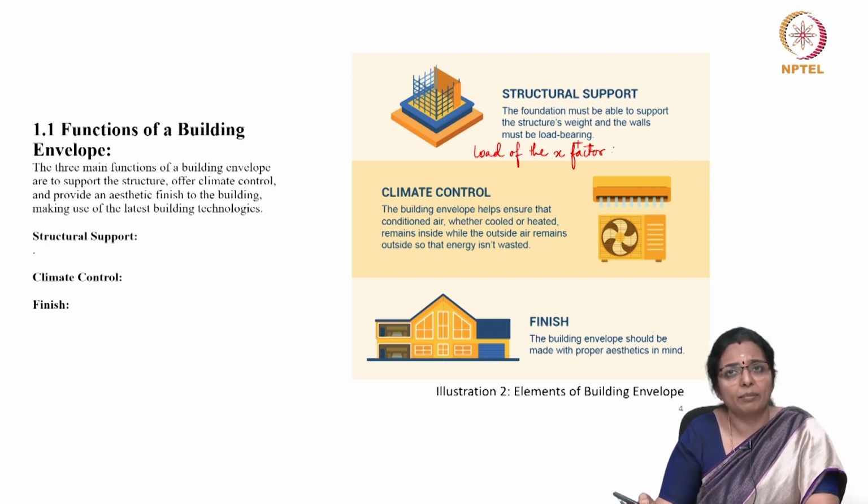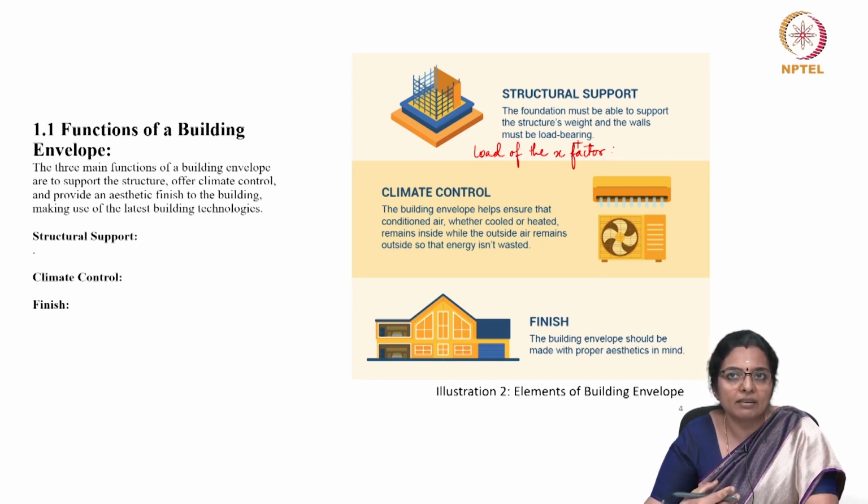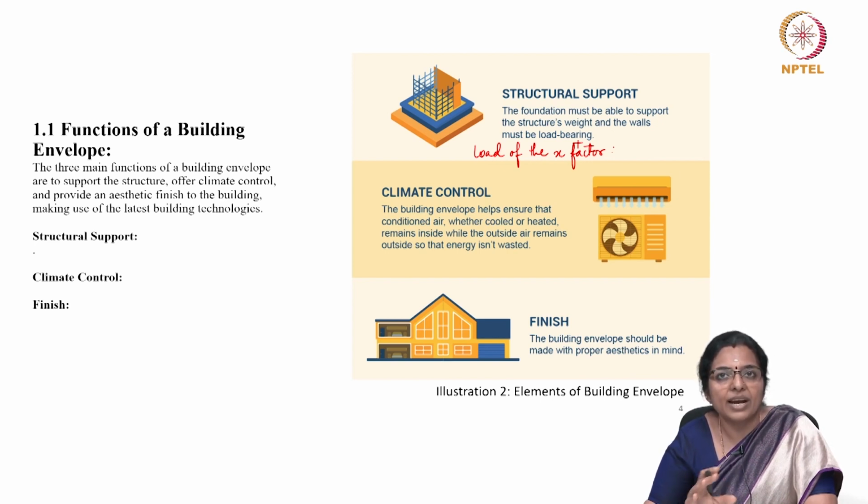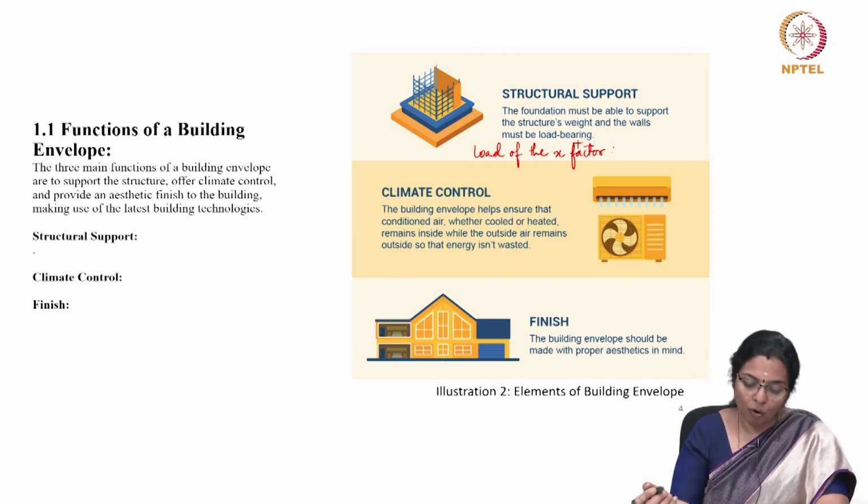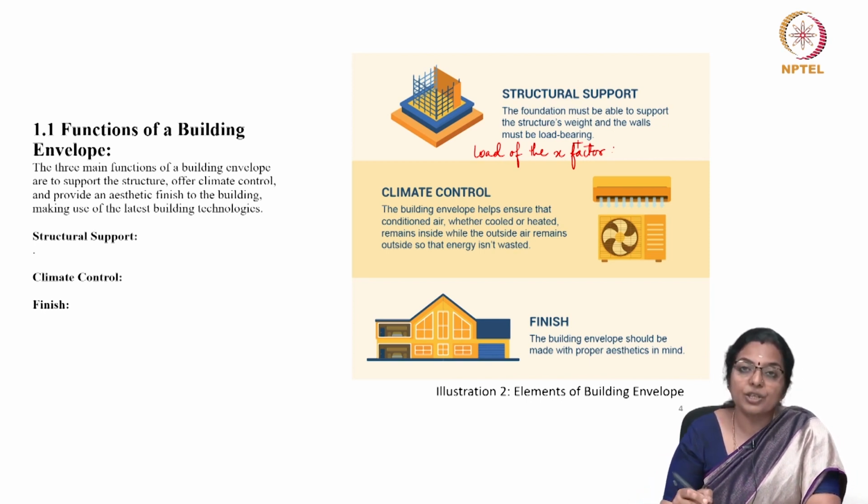The building must have climate control, which is a very important function of a building envelope. And as we have dealt with previously, the envelope should ensure that whether the indoors has to be air conditioned, it remains inside while the outside air remains outside. So, it should ensure that the energy is not wasted in the process. So, we have to be very careful about the choice of all the materials that we use to ensure that the building is climatically supportive.